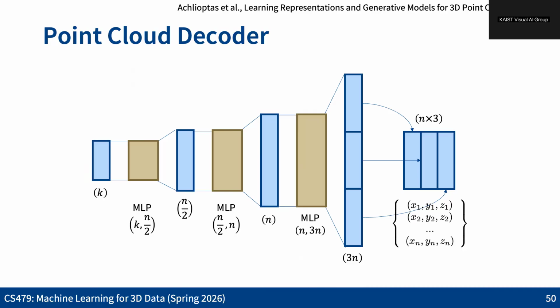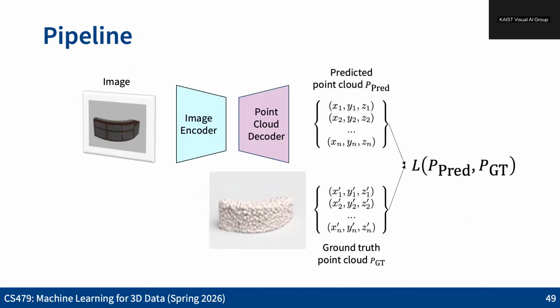Actually, the more interesting point might be how we are going to define the loss function here. Here's the thing: as I keep emphasizing, we have a set of points. The meaning of having a set of points is that there is no order. There is no specific way that we can say this is the first one, this is the second one.